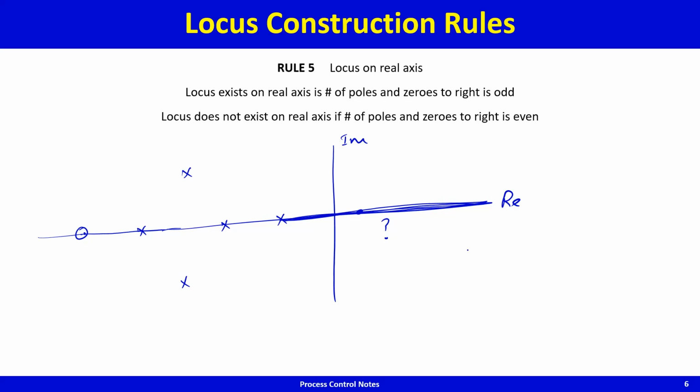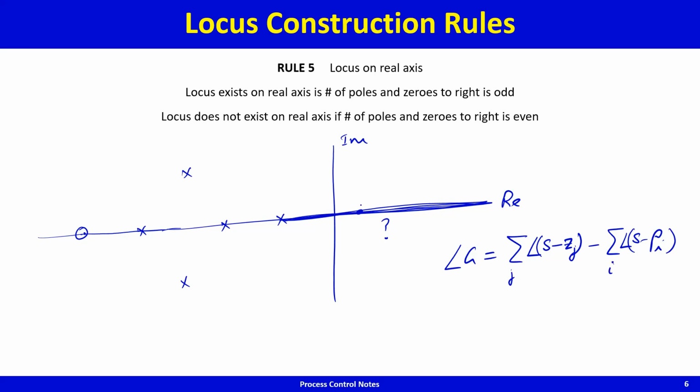And the angle of G is going to be equal to the sum of angle of S minus Zj, minus the sum of angle of S minus Pi, summed over j, summed over i.